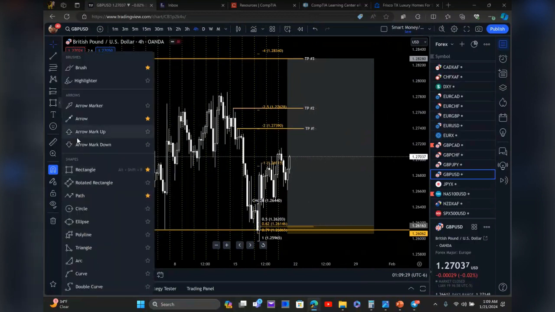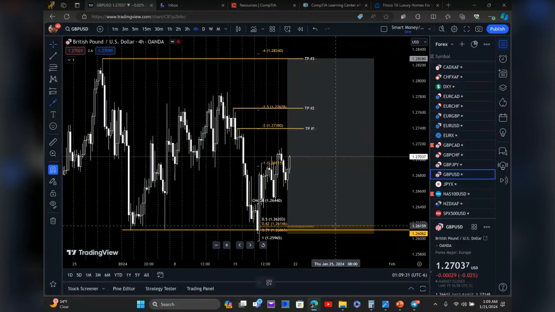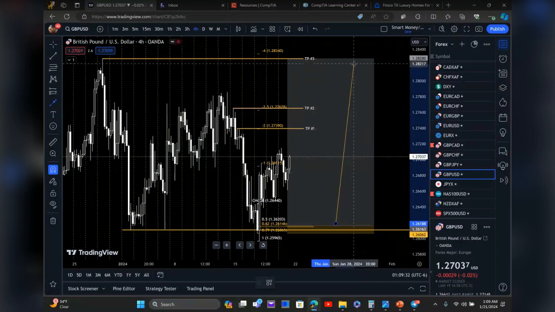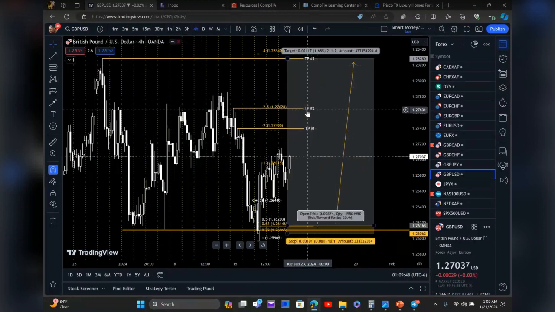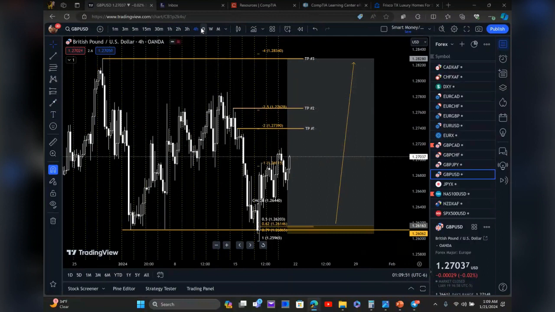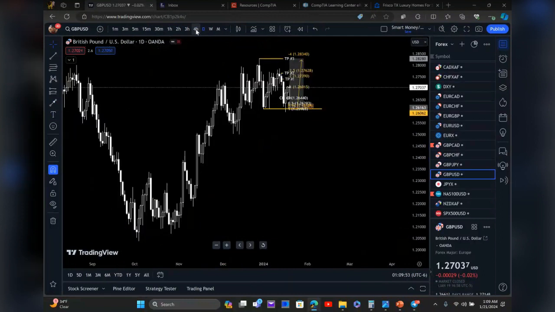Let me put on my arrow. And then once again, once price comes back down, I will look for my entry. I'll go down to my 15-minute and look for my entry. Mainly I use the daily, 1 hour and 15-minute. Sometimes I would use the 4 hour, just to see a little more detail in the daily.